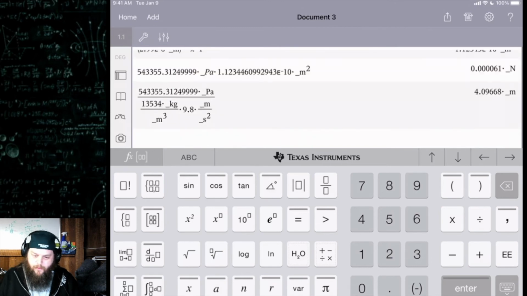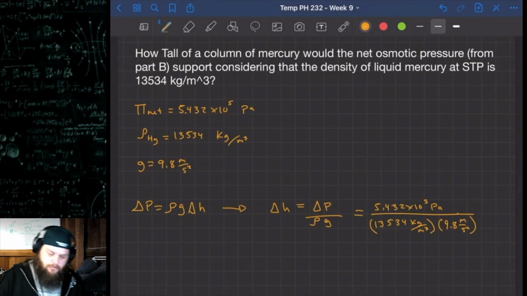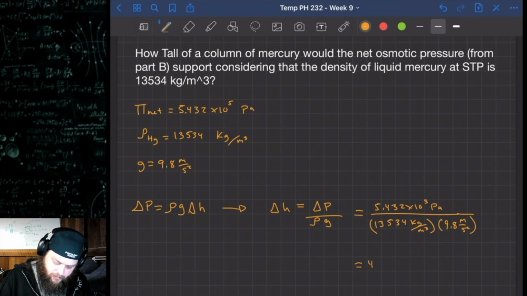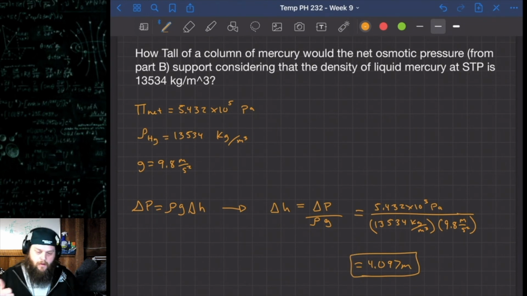And we get 4.097 meters. This is equal to 4.097 meters. So that's how high the mercury column would be at that pressure.